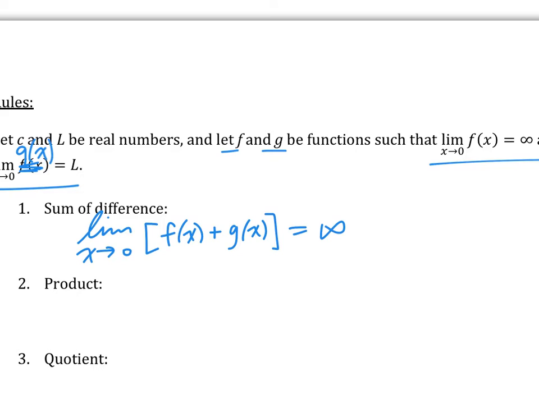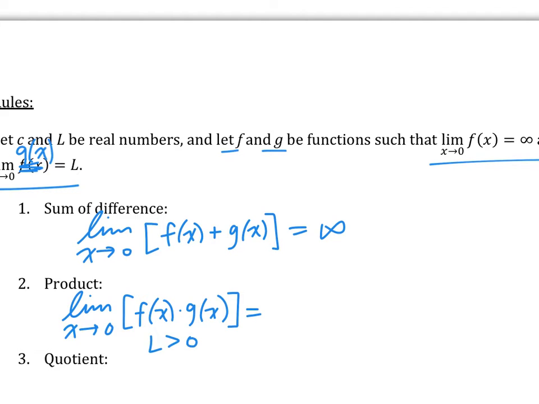Next, you have multiplying them together. This one's a little bit trickier. So if x is going to 0 and then you have f times g, when L is greater than 0, what do you think is going to happen? Infinity? The same limit.